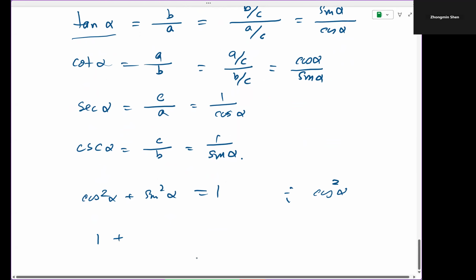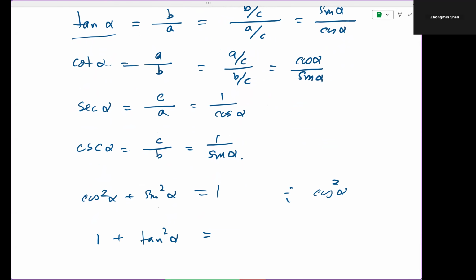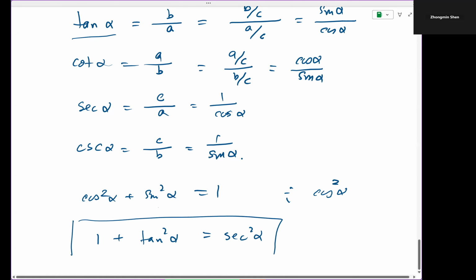This is 1, and sine alpha over cosine alpha is tangent alpha, so tangent square alpha, right? And this 1 over cosine alpha will be secant. That's another identity sometimes used. So you have lots of identities. If you forgot it, you derive it by yourself. In my opinion, you just memorize these basic ones. If you're not sure, you just derive it quickly, because your brain is limited in memory.